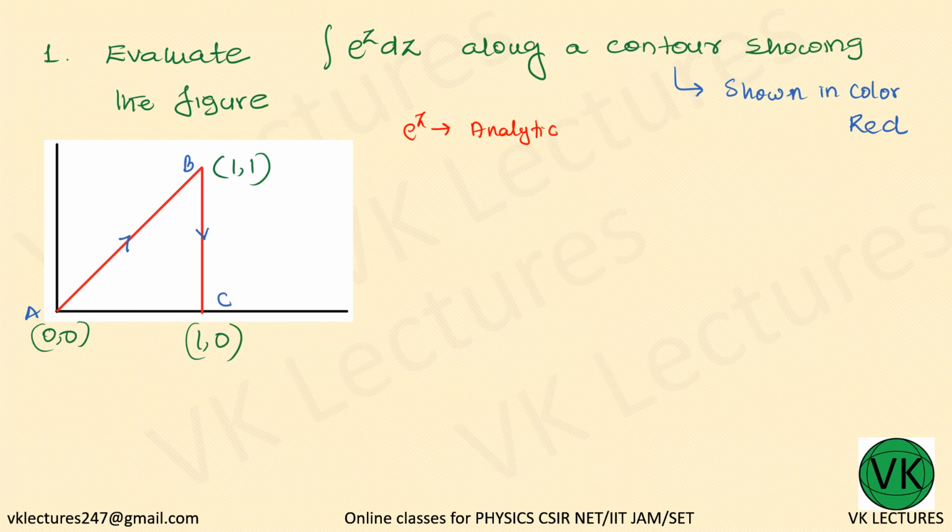So now coming back to the question, integral e to the power z dz. Now let's understand z is equal to x plus iy. Now dz is equal to dx plus i dy.